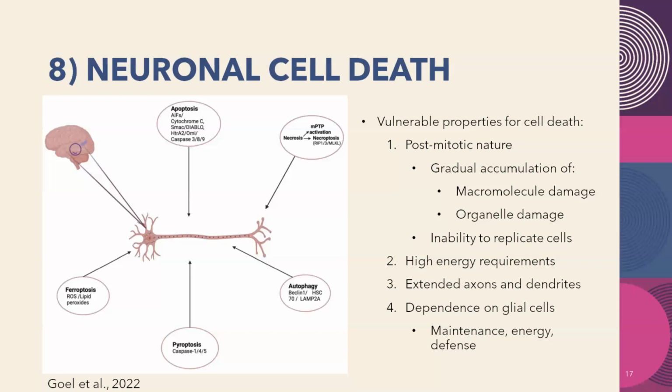So if these cells start not getting a proper form of energy and the proteins and stuff needed to one, exist, or two, establish good relationships with these glial cells so that they can complete their own functions, then you're gonna die. That's just the end result.